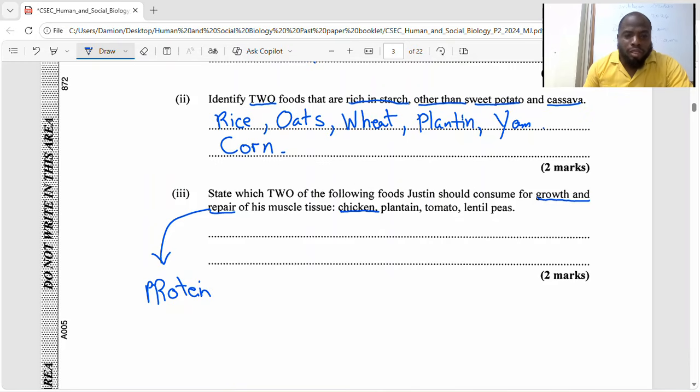So your chicken would be one of those foods from the listing. Chicken is high in protein, and of course your lentil peas. Peas are considered to be legumes, and legumes are pod-bearing plants that are actually high in protein. So these 2 would have been the 2 that you'd select for Justin to consume.